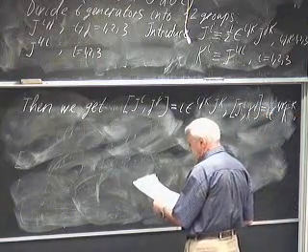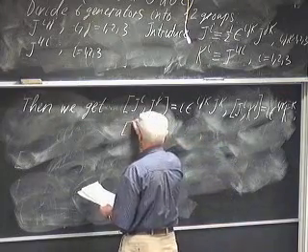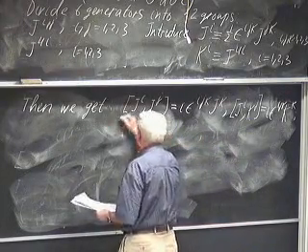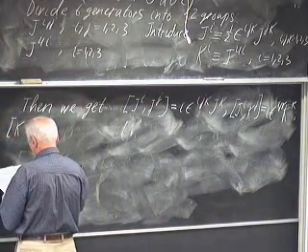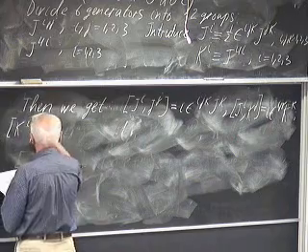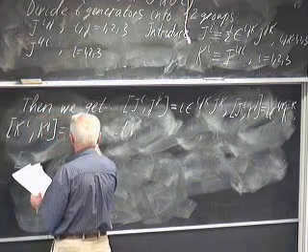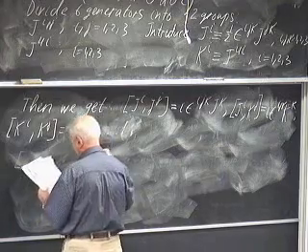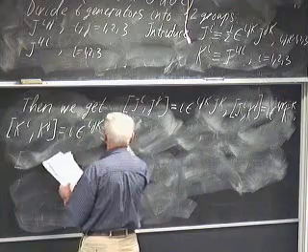And the last one is this: [K_i, K_j] equals i epsilon_ijk J_k.